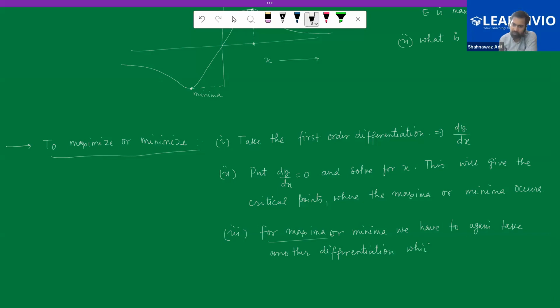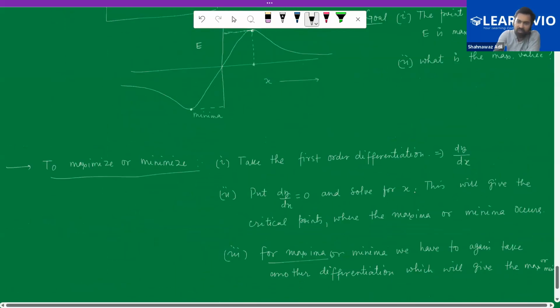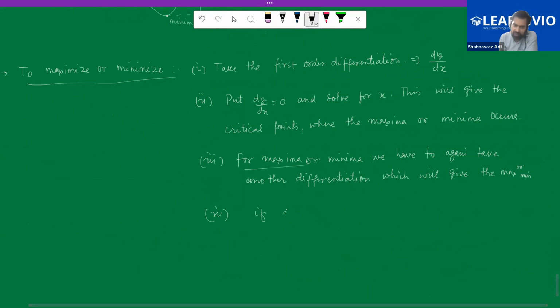Right. And to check whether we get maxima or minima, if we have d square y by dx square, this is the another differentiation, greater than 0, then we have minima.